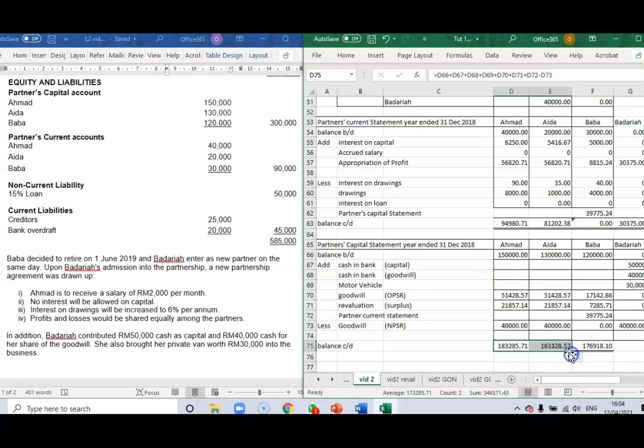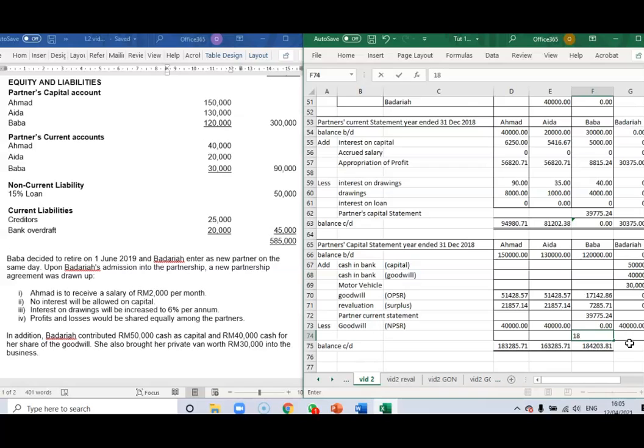Okay, this amount is 184,203. This actually should be paid to the partners because Baba is retiring.